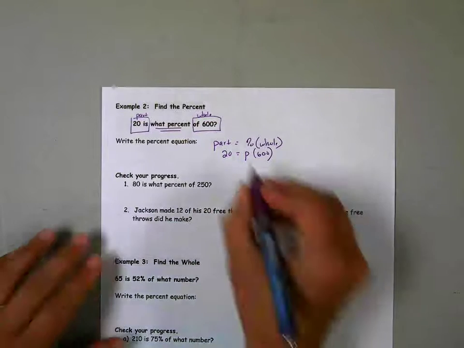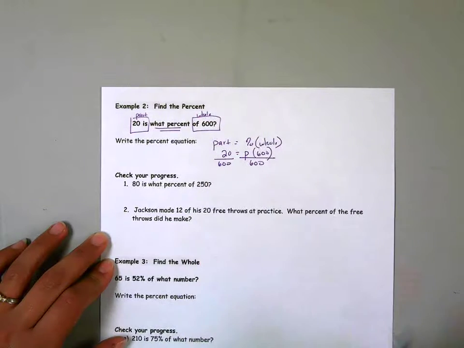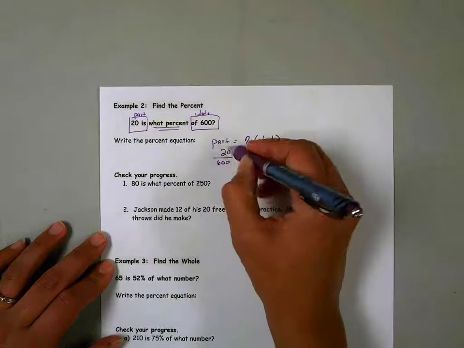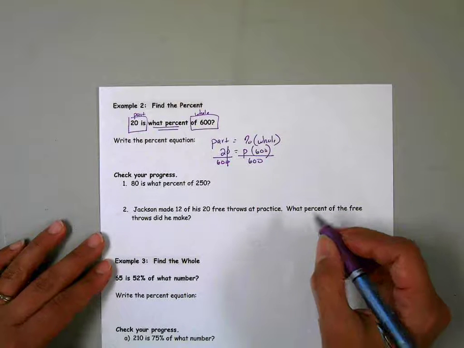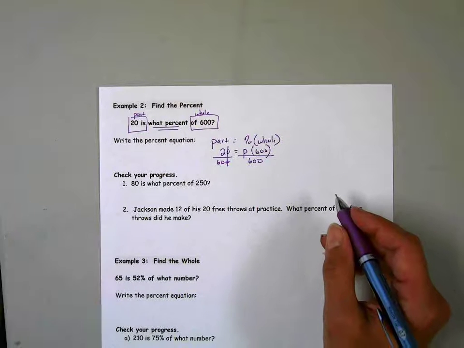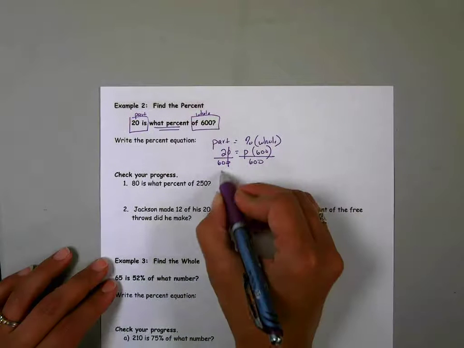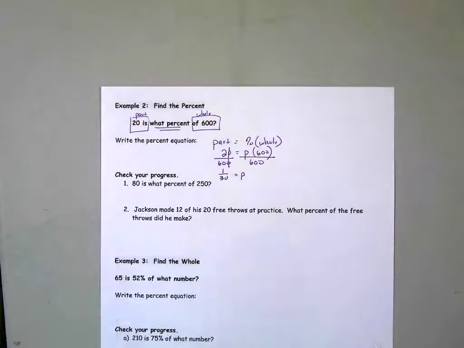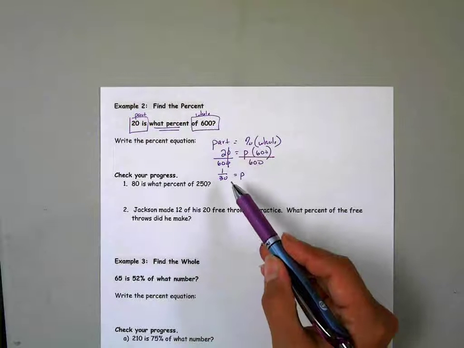So now I have to divide both sides by 600 because I have a multiplication equation. I'm actually going to make this an easier problem by canceling out my zeros. I can look at this as a fraction, and 2/60ths can still be reduced to 1/30 equals P. Now, this is not a percent.